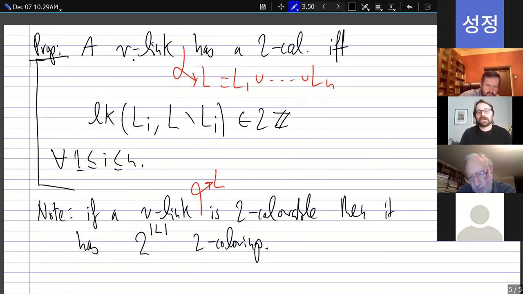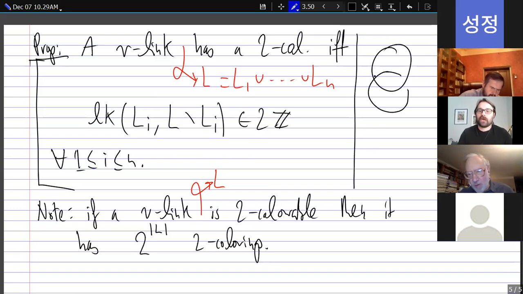And so this is to show that not all virtual links possess such a 2 coloring. Of course, the virtual knot theorists' famous non-example for many, many things is the virtual Hopf link. This fails many things that you expect a link to satisfy, and this is a very simple non-2 colorable link.